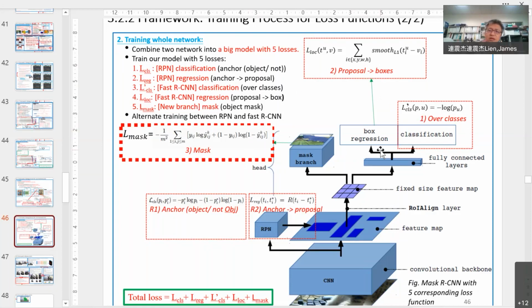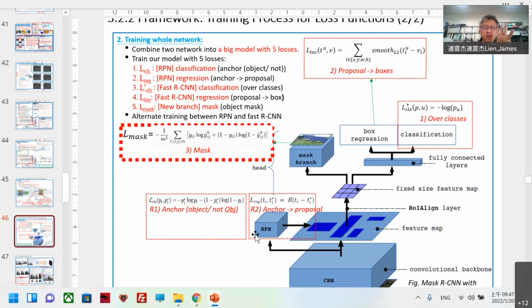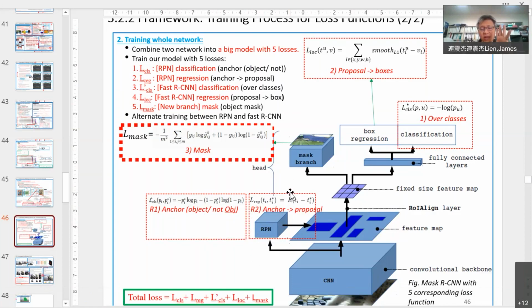The second method is you train this one first, and that will be your initial result for both. Then you use the total loss, including all 5 losses, for the training. But in both, the region proposal network parameters will keep improving. So with the 2 methods, one is fixed, the other just provides an initial result that you keep improving.